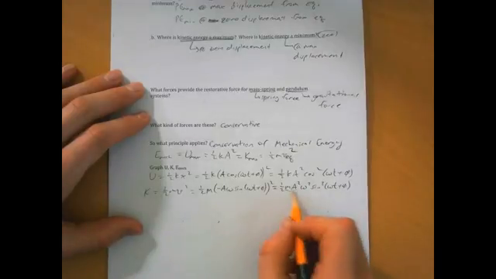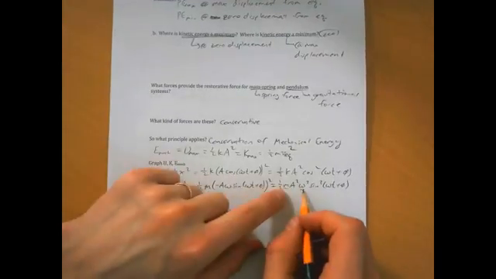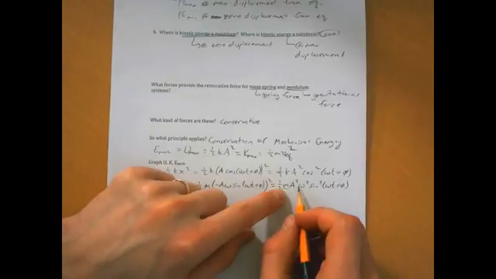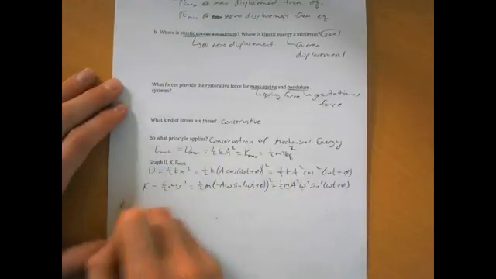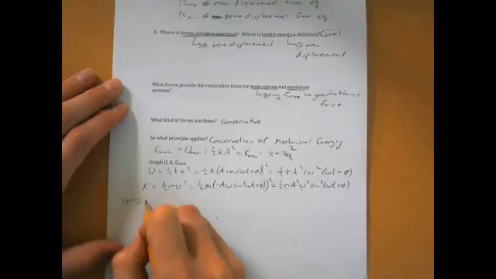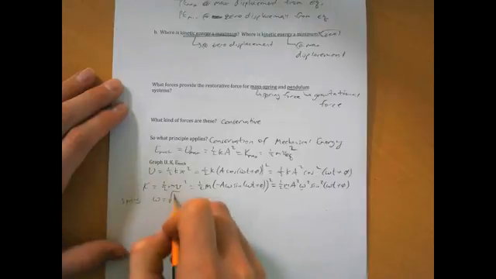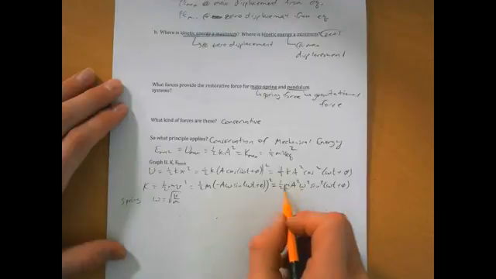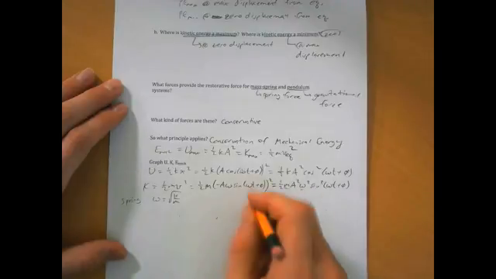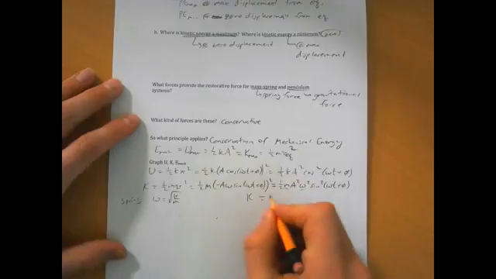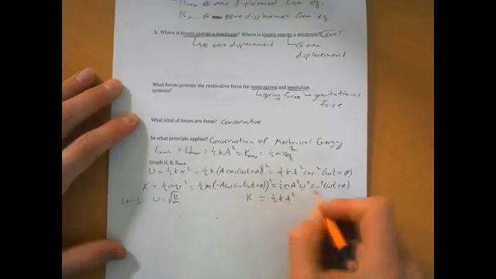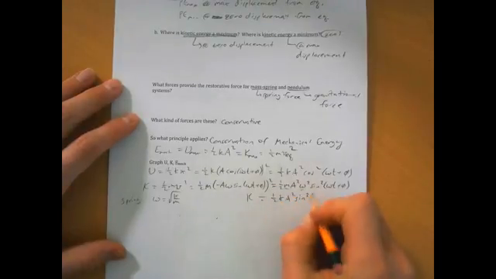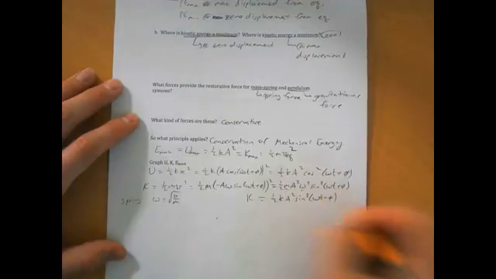And you might not recognize this off the bat, but m omega squared, what is that? Well, we know for a spring, omega is root k over m, so omega squared is k over m, times m gives us just k. Therefore, our kinetic energy is 1/2 k A squared sine squared of omega t plus phi.